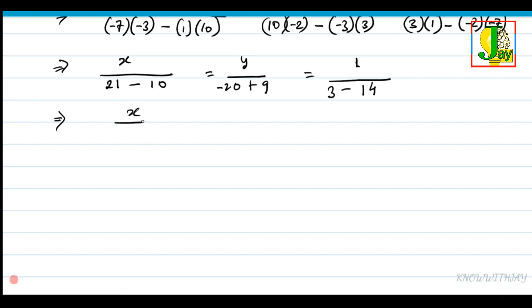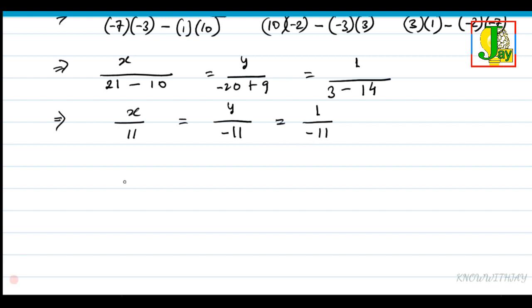So that's x upon 21 minus 10 is 11 equals to y upon minus 20 plus 9, we get minus 11, equals to 1 upon 3 minus 14 is minus 11.